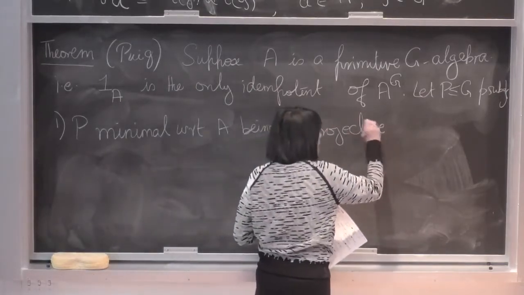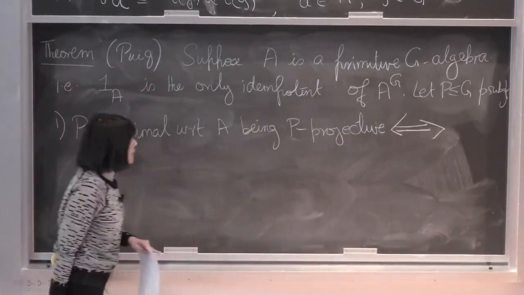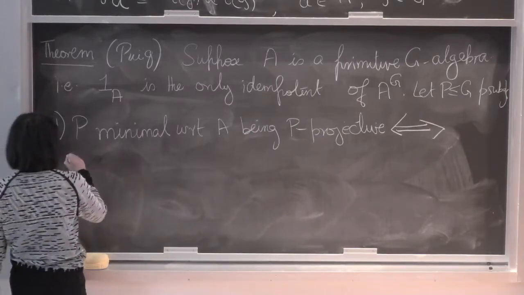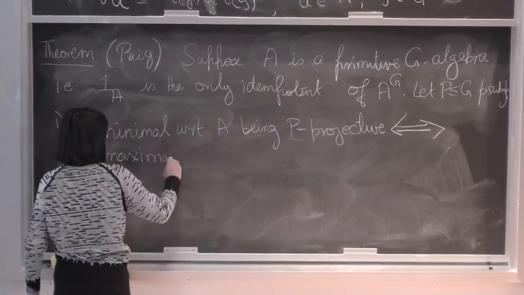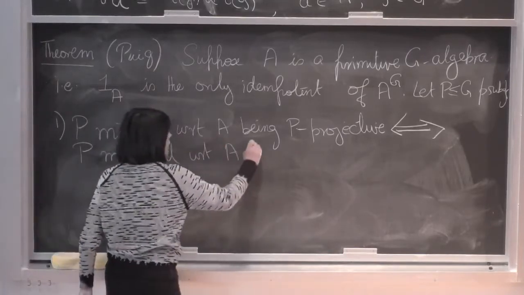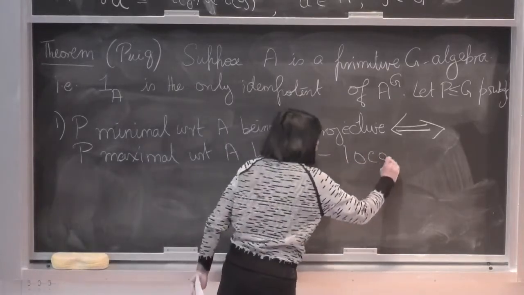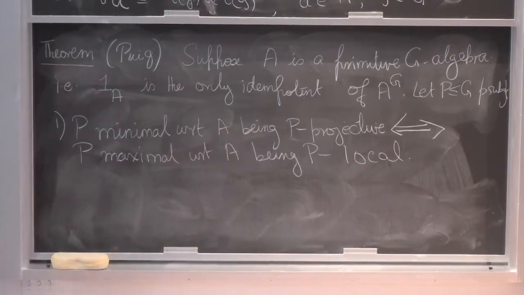This is the first main punchline equivalence: P is minimal with respect to A being P-projective if and only if P is maximal with respect to A being P-local. This one you have to do a little bit of work.